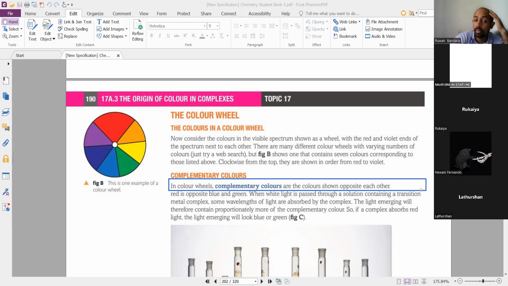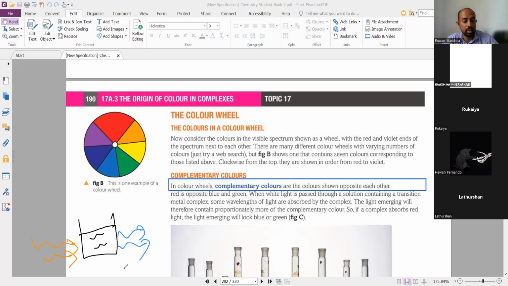So let's say you have a transition metal solution in this manner and you are sending white light. If it absorbs this orange color, the emitted color will be indigo. So you can see the indigo color. That's how it goes. Clear or not?